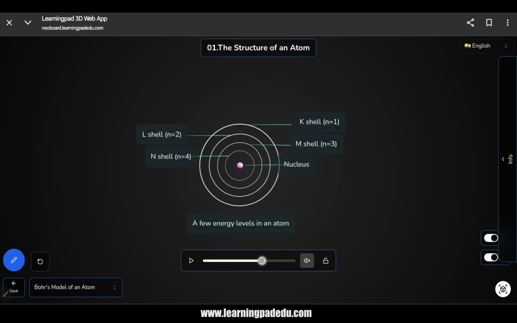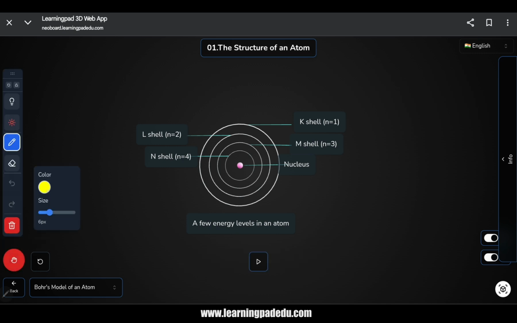Now, these are the energy levels. You can see the energy levels are given names. So, what are those energy levels? K shell, L shell, M shell, and N shell. And they are denoted by a number called N. It is called the principal quantum number.